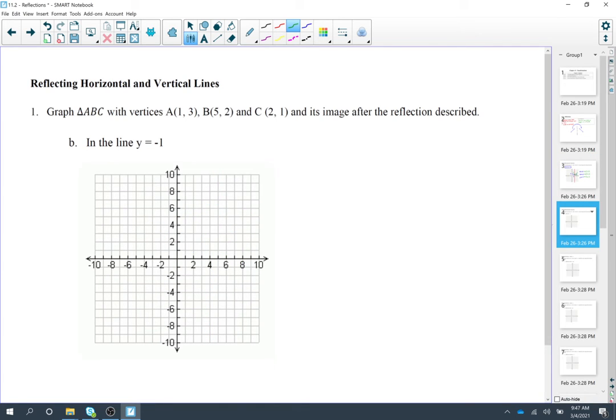Example B. We're still using the same triangle, except this time we're going to change the line of reflection. So starting off A, B, C. A is still at 1, 3. B is still at 5, 2. And C is still at 2, 1.